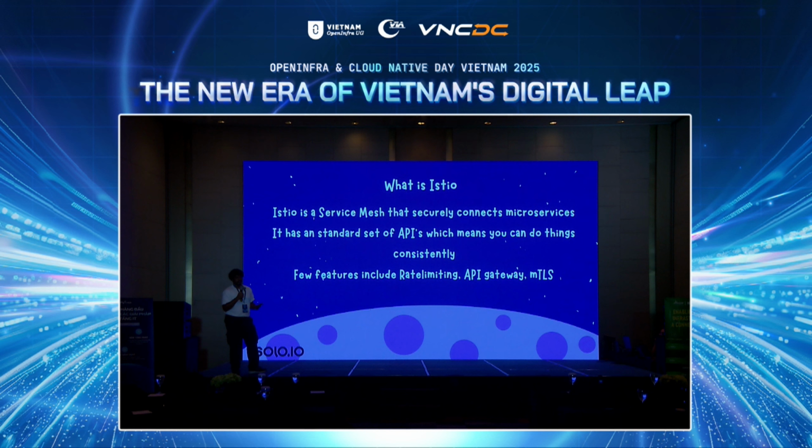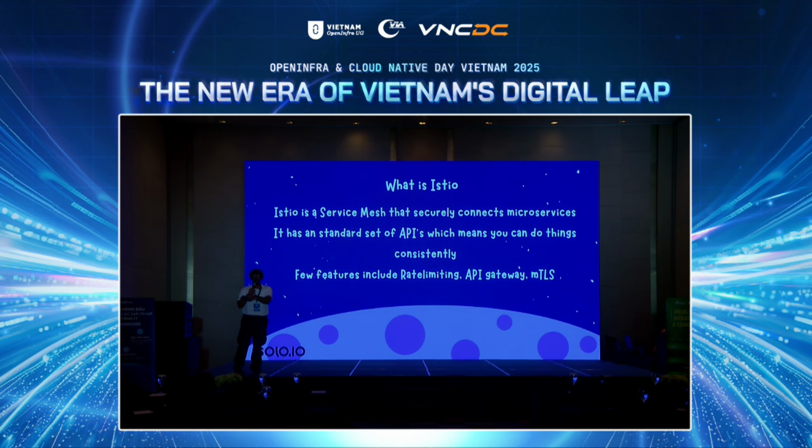So HTO is a service mesh, and in simple terms, it's like a sidecar for your application. Initially, when the service mesh started out, it used to be a sidecar for every application.